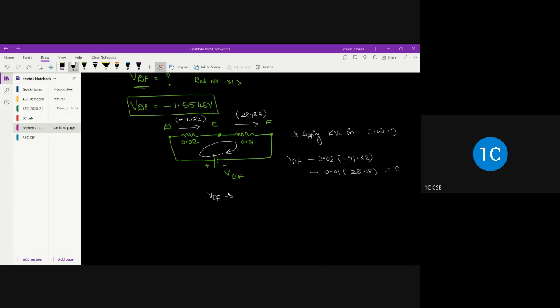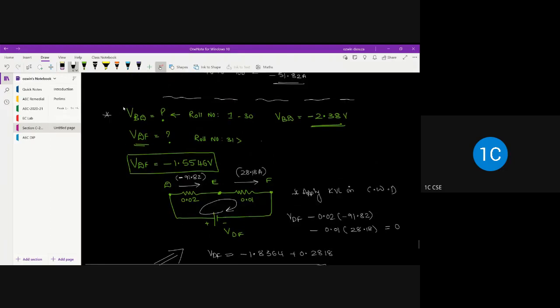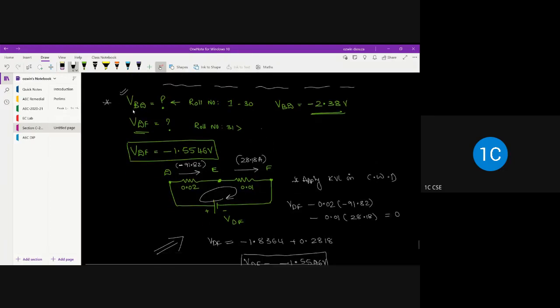Or VDF is equal to minus 1.8364 plus 0.2818. So that gives VDF is equal to minus 1.5546 volts. So those who did not get the answer, probably you can follow this particular method, and apply the same method to find VBD as well. All right, fine.